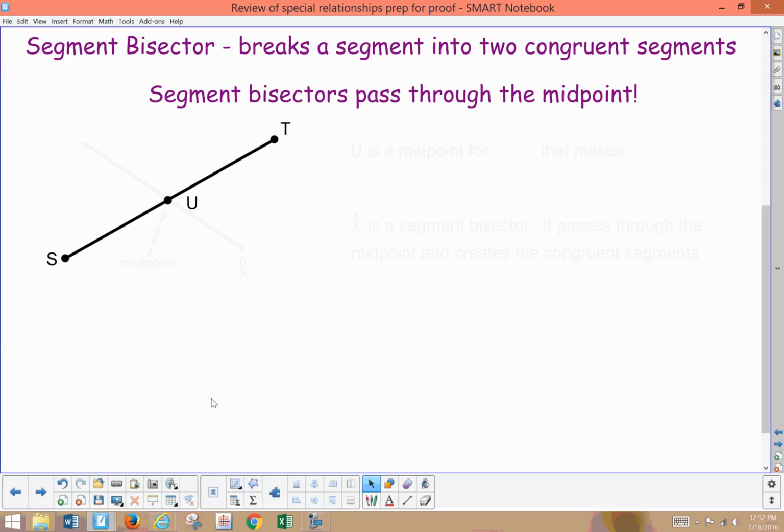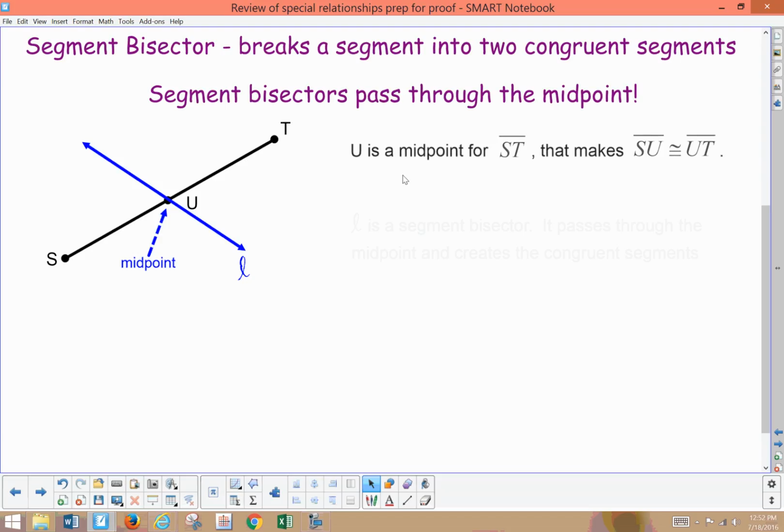So if I take a look at this segment ST, and I know that U is the midpoint, then I know that it's breaking the segment into two pieces that are the same length. If I were to put any kind of line, ray, segment so that it goes through the U, then that is creating a segment bisector.